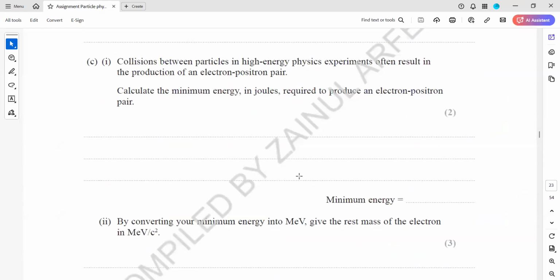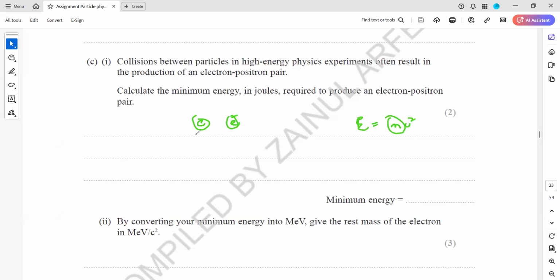Collision between particles in high energy physics experiments often results in the production of an electron-positron pair. Calculate the minimum energy in joules required to produce an electron-positron pair. If I want to produce an electron and a positron, what is the minimum energy needed? We have the formula E equals mc squared.